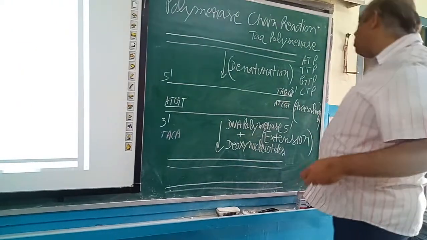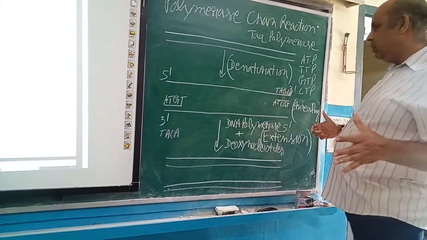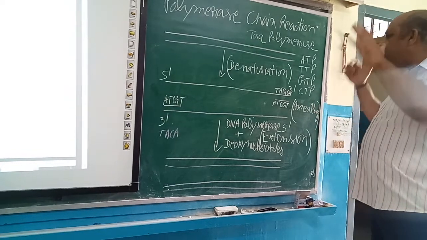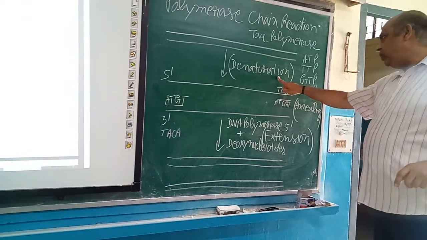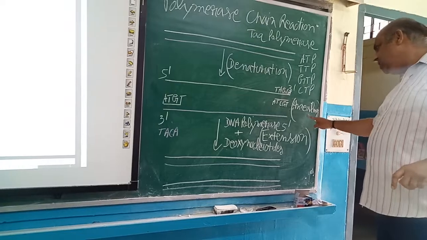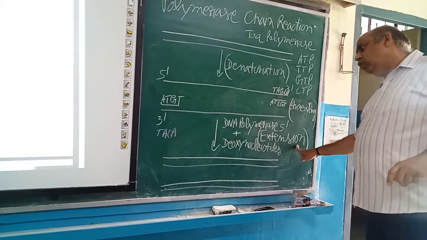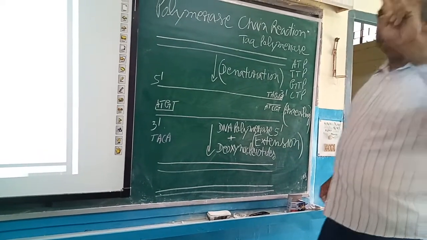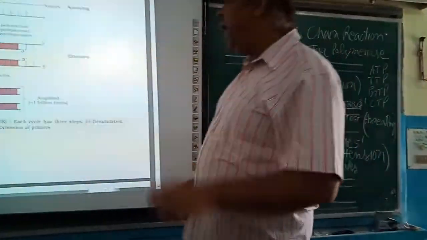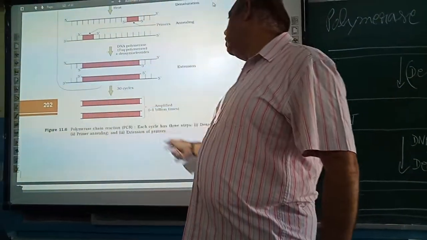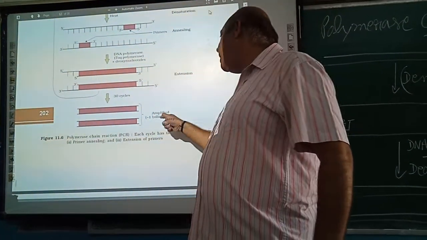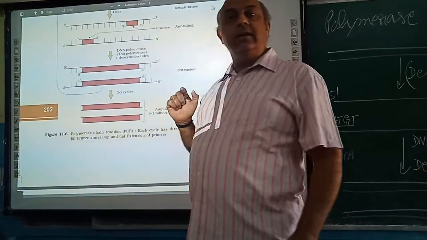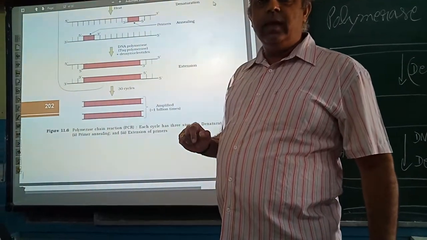So after one cycle of 3 steps: denaturation, annealing, extension, we get 2 DNA molecules, and after 30 cycles we will get more than 1 billion DNA molecules.